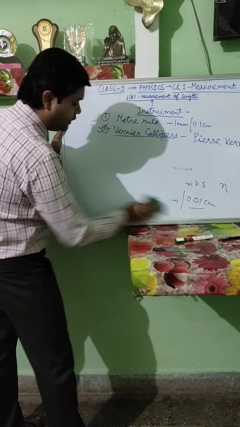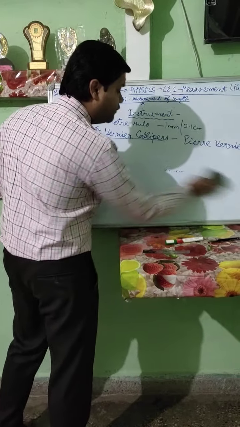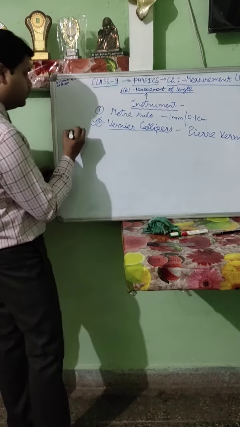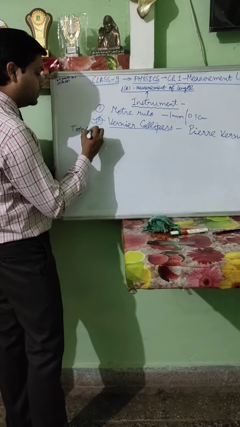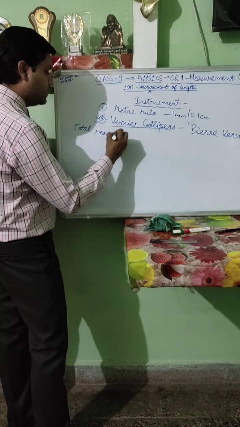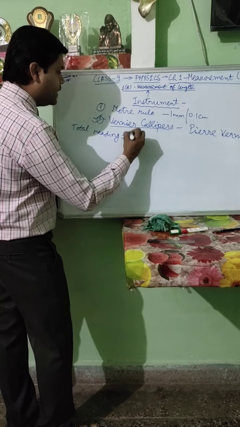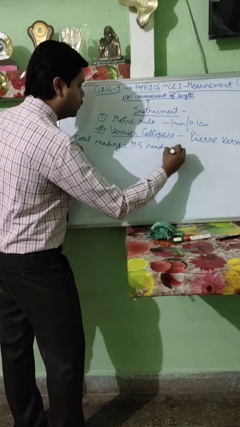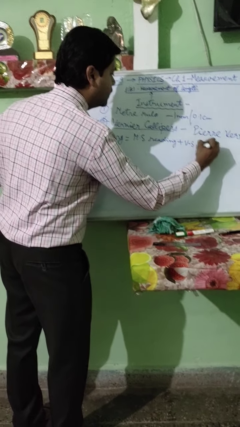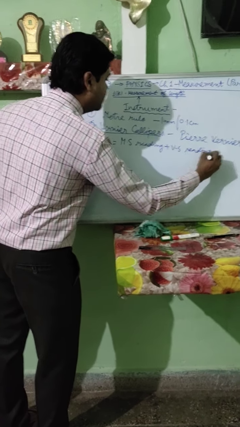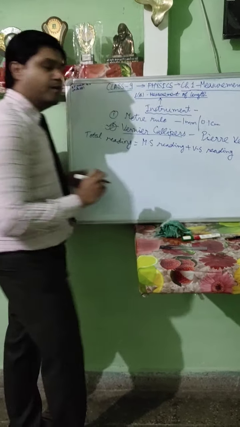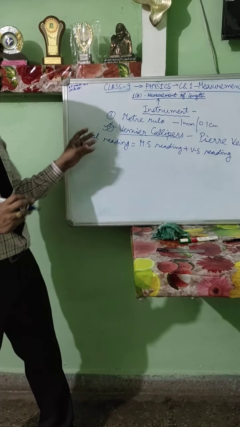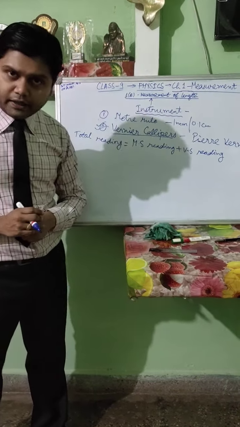If we have to find out the length of an object with much more accuracy, then how can we find it out? Total reading equals main scale reading plus vernier scale reading. If we sum up the values of main scale reading and vernier scale reading, it will give us the total reading.